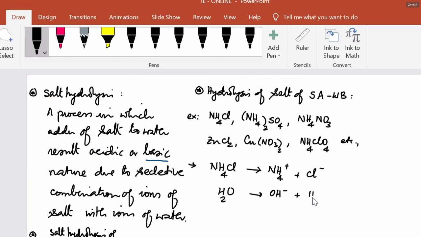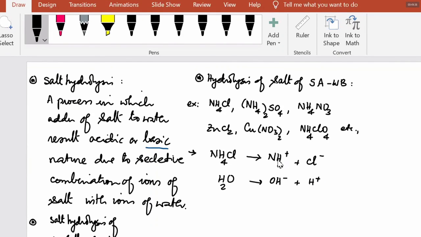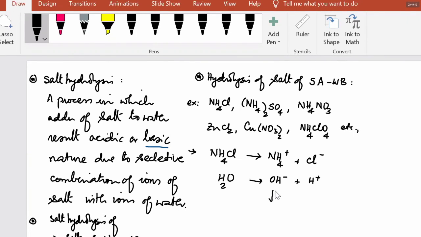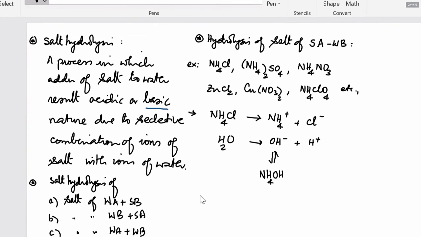Now, ammonium ion: who is the source? Weak base. Therefore, ammonium ion says, come on, OH minus ion, let us enjoy a game. This game is known as salt hydrolysis. A selective ion of salt reacts with the ions of water. Which is the selective ion? Cation.